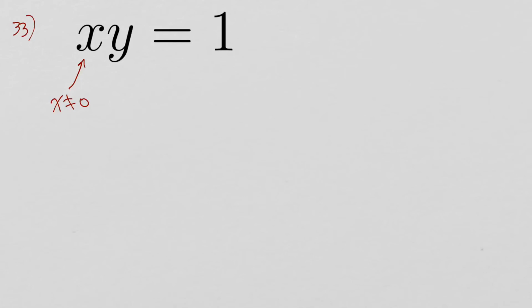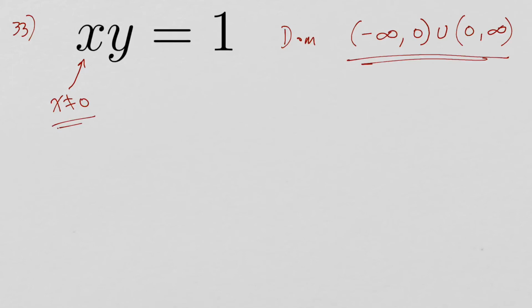The way we do show that in interval notation is we go from negative infinity all the way up to 0, but we don't include the 0. And then we union that with 0 to infinity. And again, we put a parenthesis so we don't include the 0.